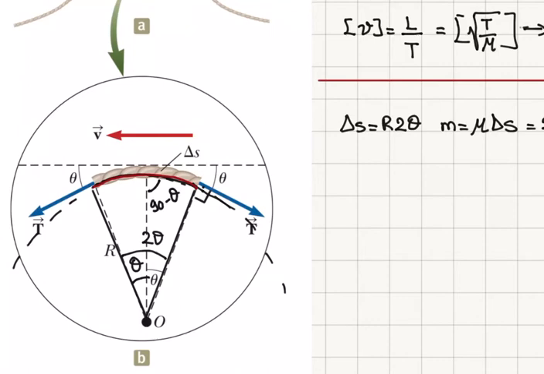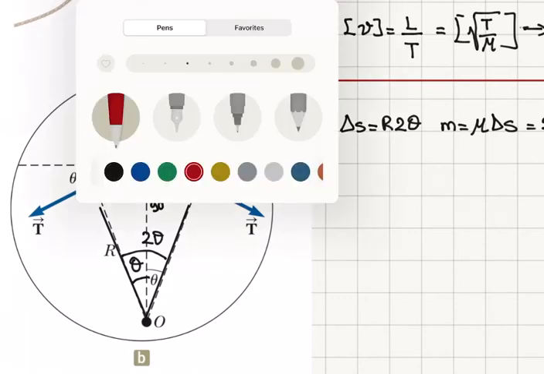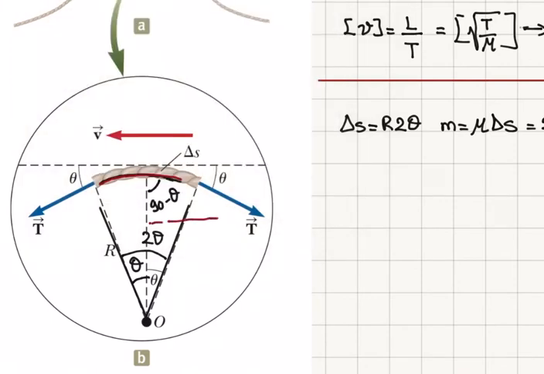So I can see here that there will be a component of the tension in the radial direction. So if I take a component of the tension here, I will find a radial force, Fr. So what is this radial force? The radial force Fr is equal to 2T sine theta.